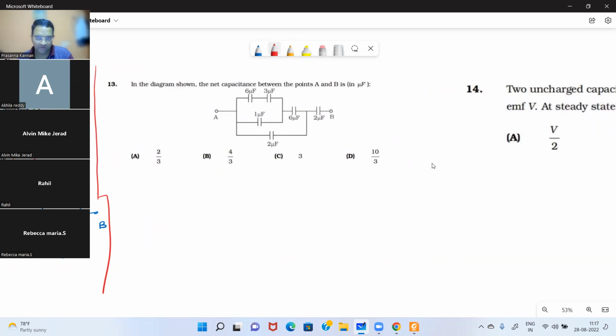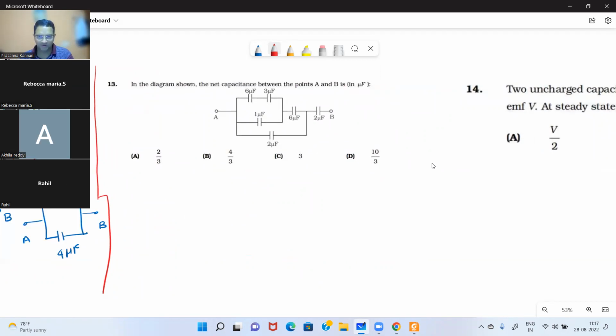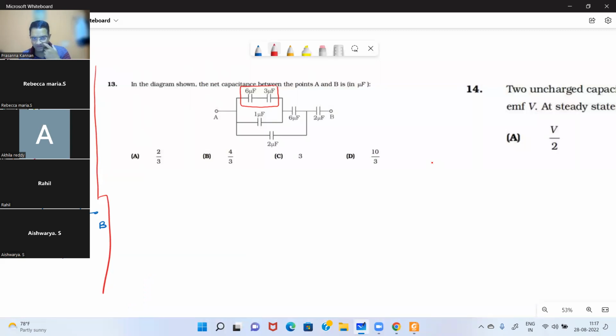In the diagram shown, what is the net capacitance between A and B in the figure? So now can you tell me which are the capacitors? What about these two capacitors? Series, sir. Yeah, they are in series, right? So 6 and 3 in series will give you 2 microfarad. You can verify.